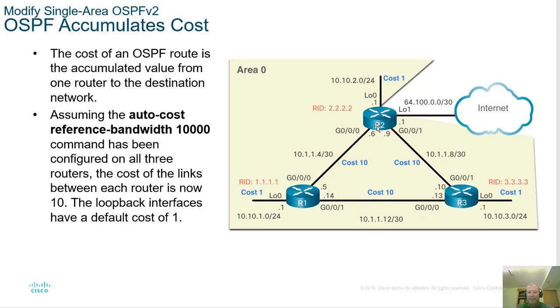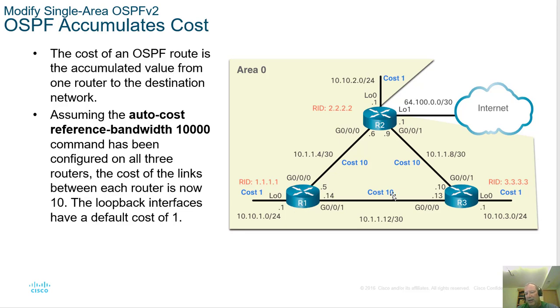So router 1 is going to put out its hellos, and it's going to form neighbor relationships with router 2 and with router 3. Router 2 is going to advertise that its path to 10.10.2.0 is a cost of 1 because it's a directly connected interface. So R1 is going to remember that my cost of 10 to get to R2 plus their cost of 1, the path through R2, is going to equal 11.